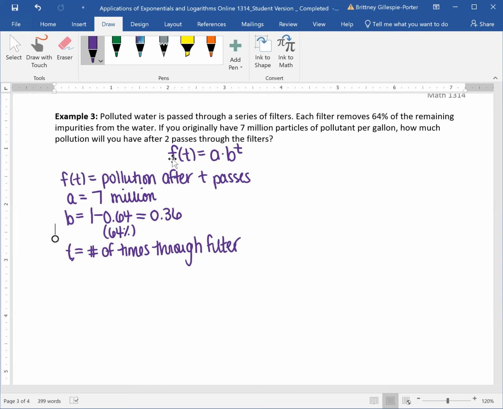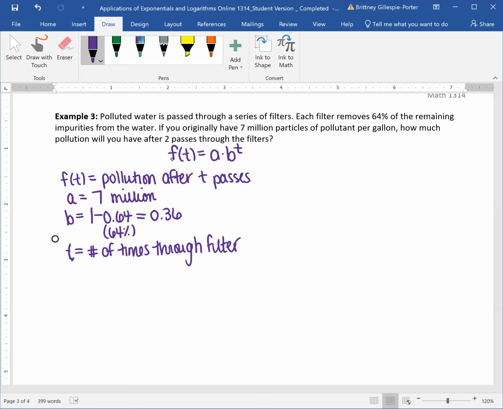So we use the original equation that we discussed at the beginning of this video. We found the original amount, we found our base amount, and we subtracted it from 1 because we are removing, we are decaying, we are decreasing. Okay.